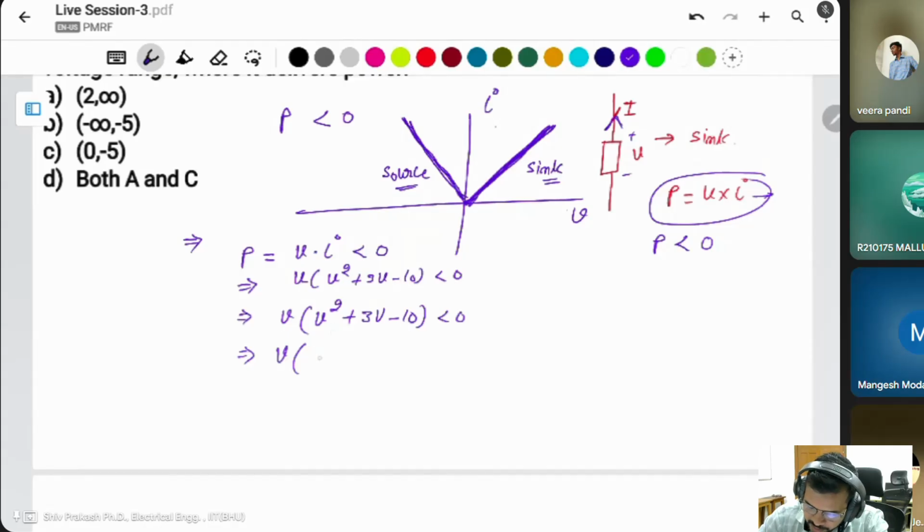You can break this one: V square plus 5V minus 2V minus 10. Common V, this will be V plus 5 and this will be V minus 2.